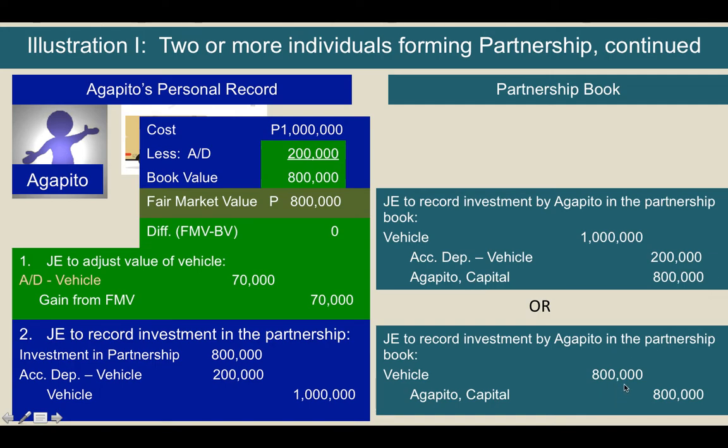So the accountant can do it like this: debit vehicle at 800,000 and credit Agapito Capital 800,000, or reflect the accumulated depreciation and the cost in the partnership book for the vehicle. Okay?